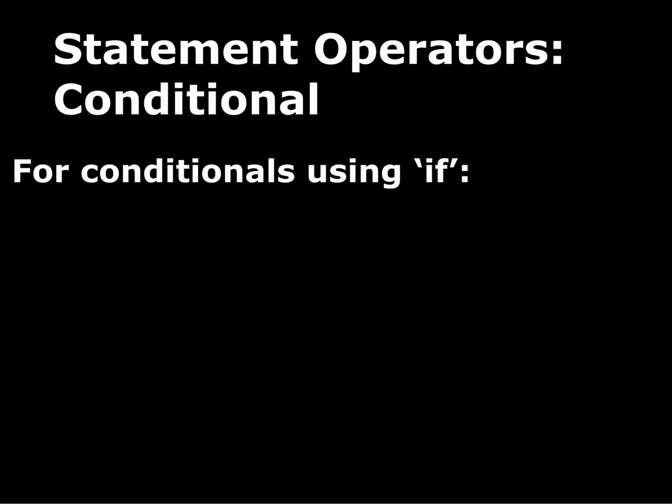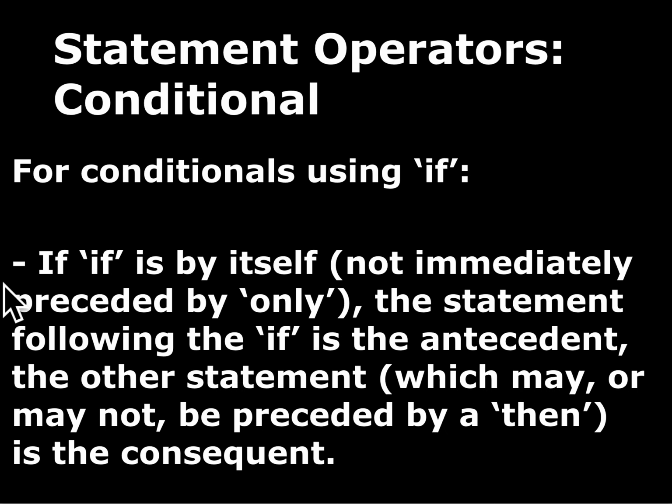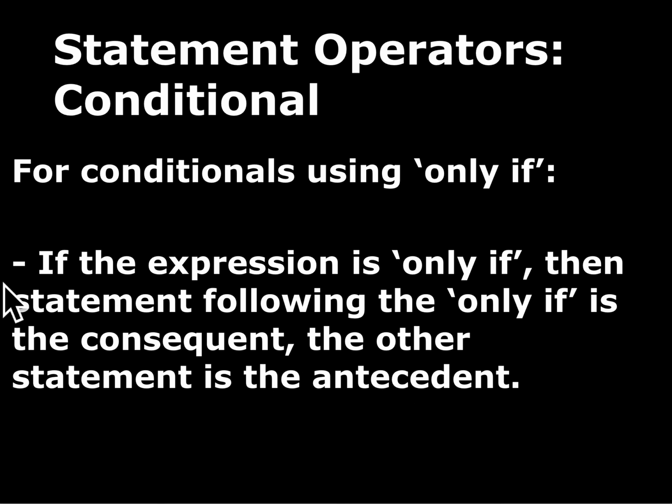In particular, for conditionals using just if, not only if, so if by itself, the statement following if is the antecedent and the other one, which may or may not be preceded by a then, is going to be the consequent. If it's only if, the statement that immediately follows only if is the consequent and the other one is the antecedent. So that's how in the English you tell which is which.